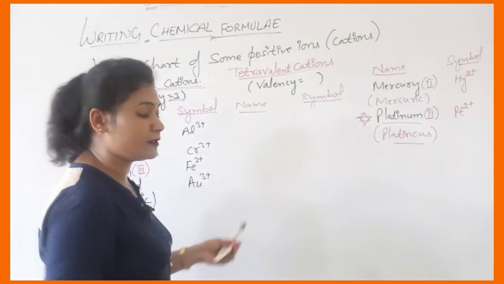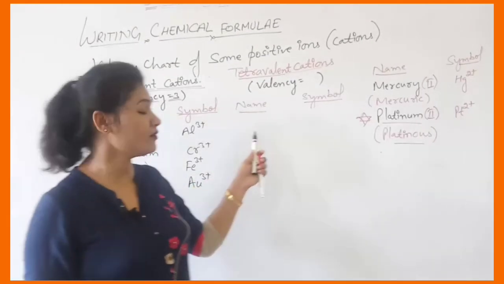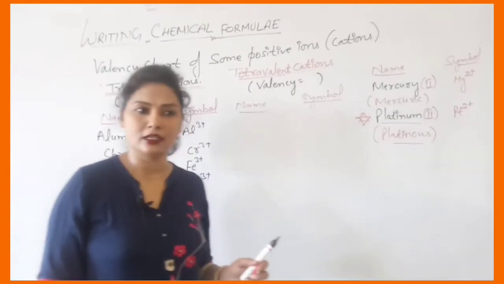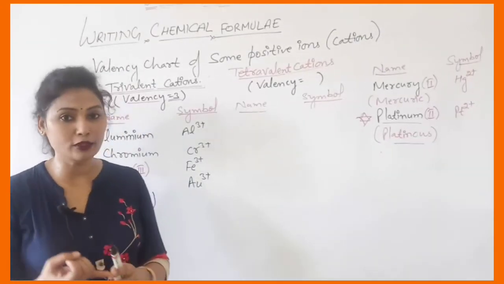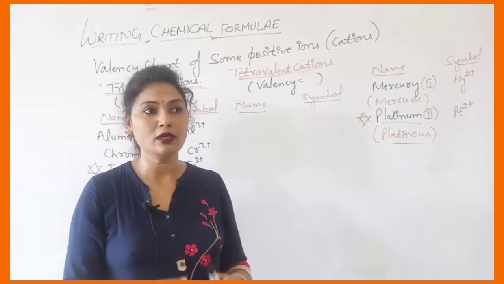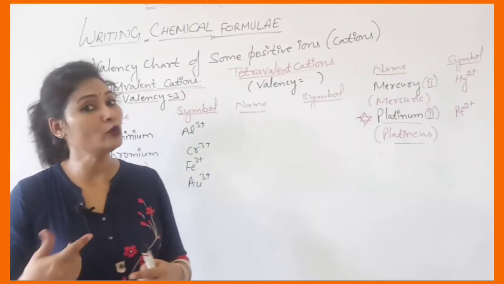If we take all the tetravalent cations, they have the variable valency 2 and 4 most probably, like manganese 2 and 4, platinum 2 and 4, then lead 2 and 4 valency, and tin 2 and 4 valency.